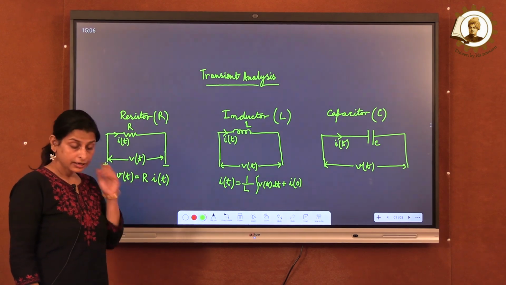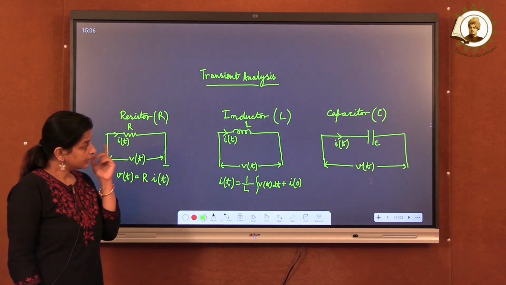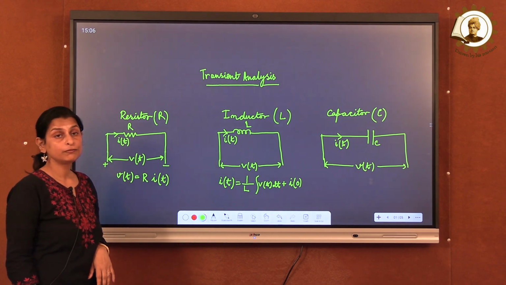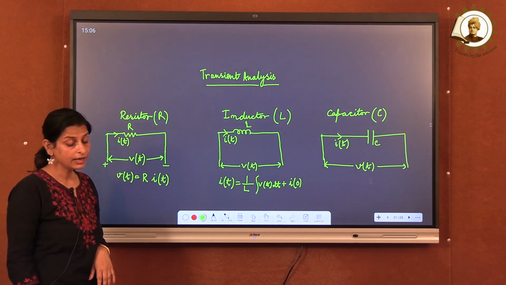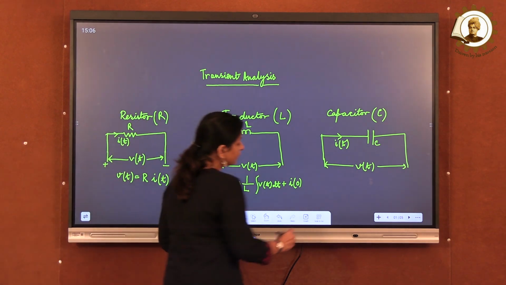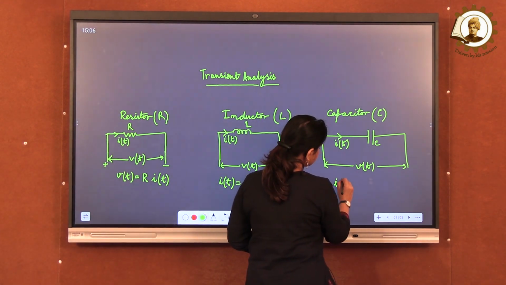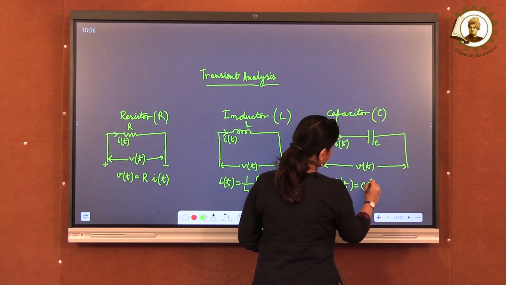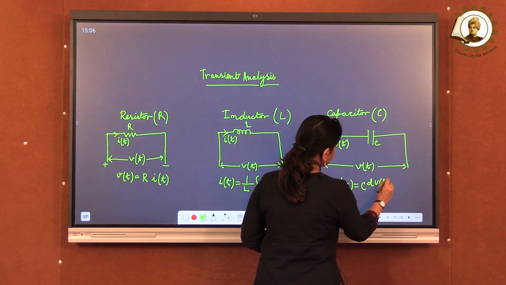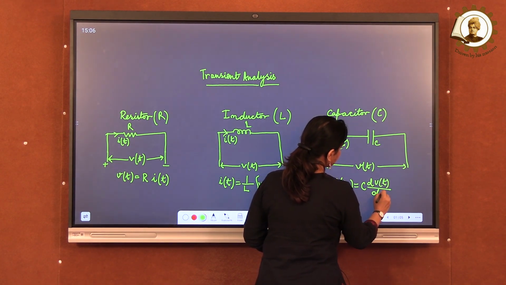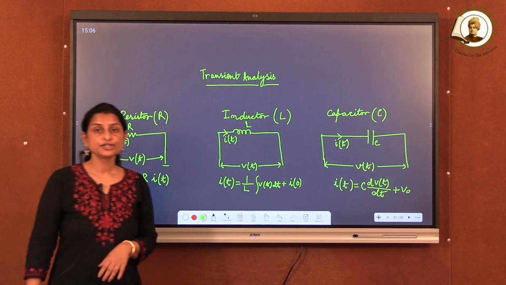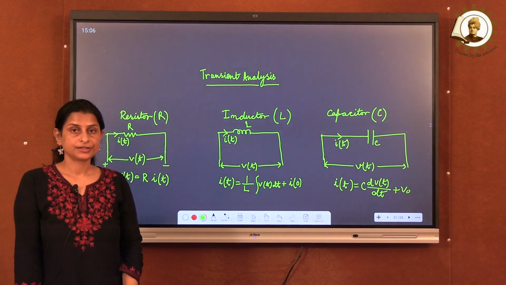Now if we have a capacitor and let us consider the voltage across the capacitor is v(t) and current flowing through the capacitor is i(t), then the current i(t) through the capacitor is given by i(t) equal to C dv(t)/dt plus V0. V0 is the voltage stored in the capacitor.